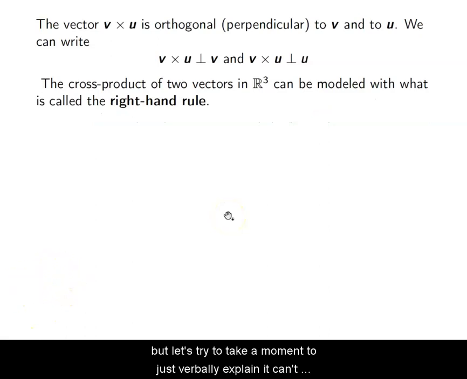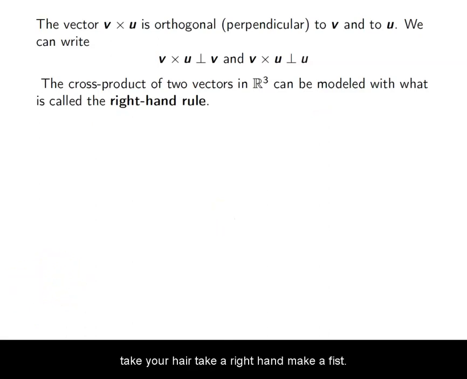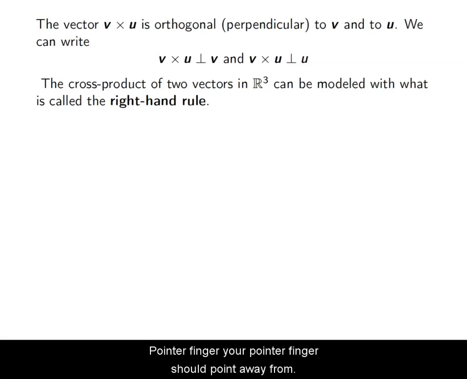Okay, so if you take your right hand, make a fist, and put it in front of your chest, your pointer finger should point away from you. If you extend your middle finger, it should point to your left.